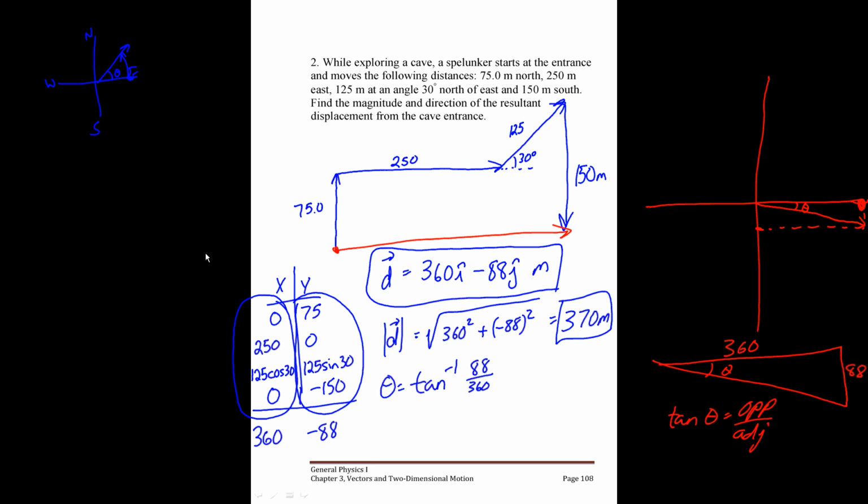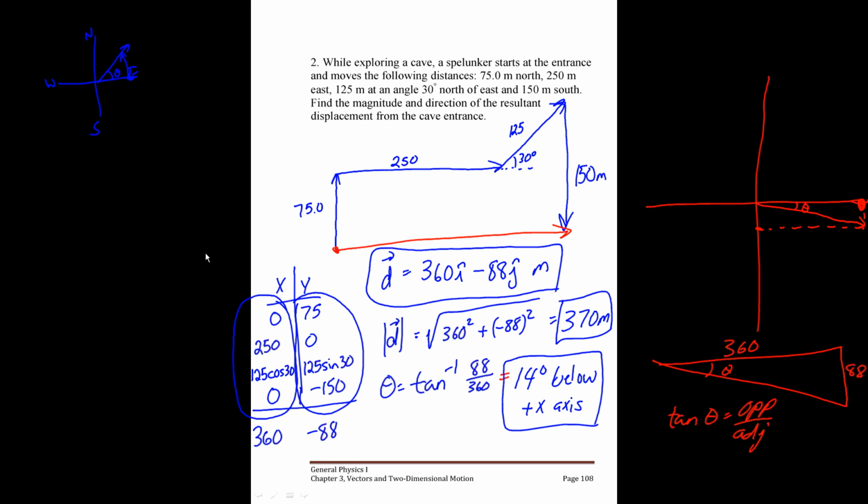This is the angle theta. All right, so that's where I get that, and that gives me the angle, which I find to be 14 degrees. Now this is part of the answer. We need to define that angle about which axis. So it's 14 degrees below the plus x-axis. That is part of the answer. It's not just 14 degrees. Now there are other ways that you can define that angle.